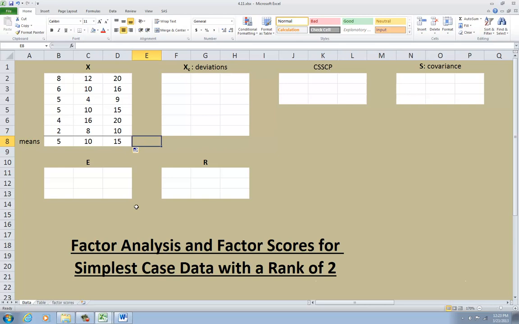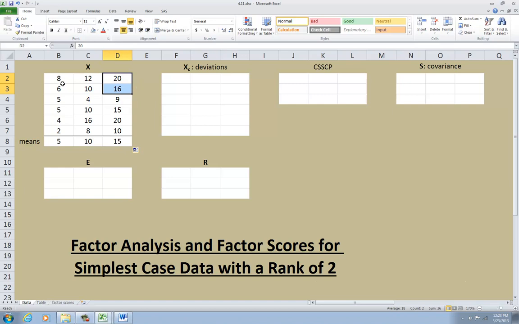So notice that this 6x3 matrix of data is almost the same one as we used before. We just switched the 20 and the 16, which is the only difference that we can see in the upper 2 values. But you can notice that on every row, the value of the third variable is the sum of the values in the first 2 variables.